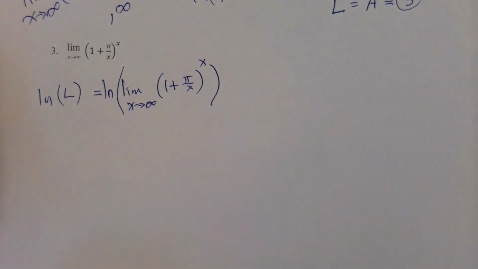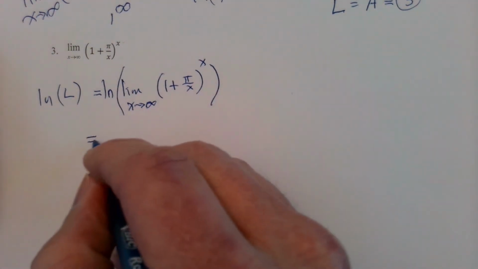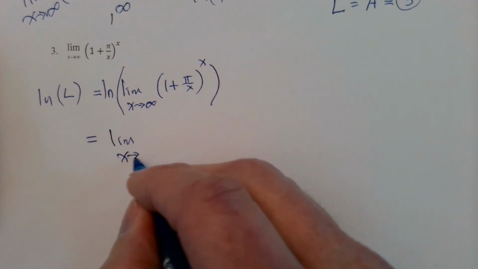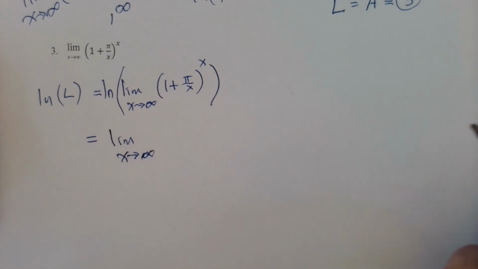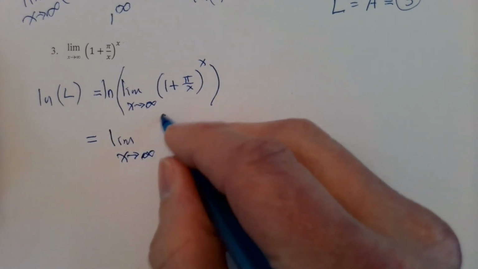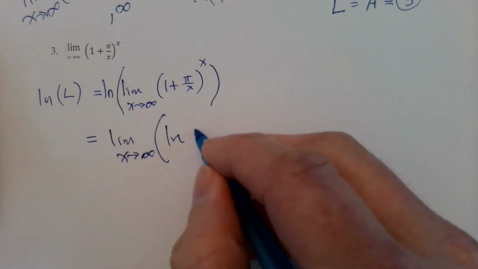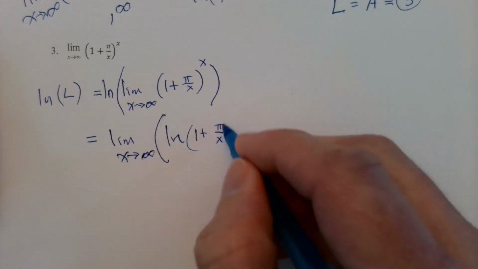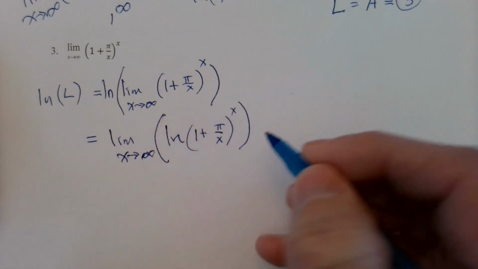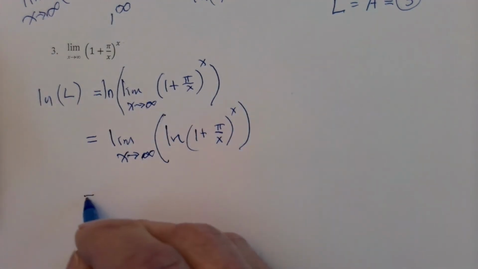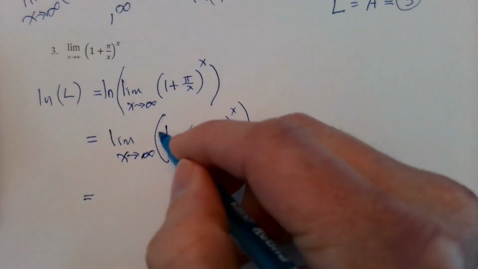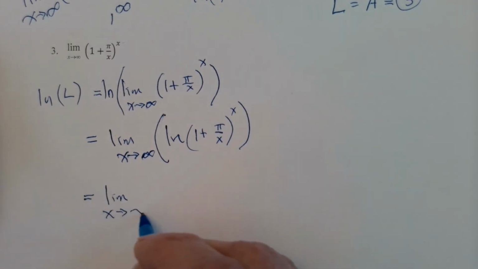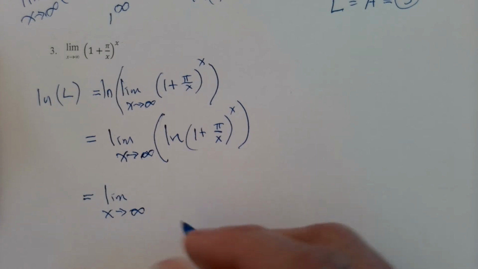Similar to the previous problems, let's let that continuous natural log function go inside of the limit, like this. Similar to all the previous problems today, let's let this exponent come down and multiply the log. That would look like this.